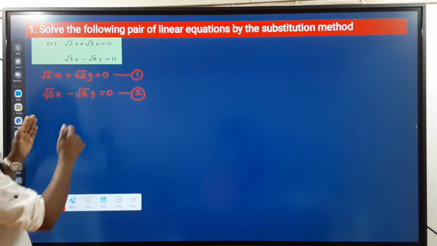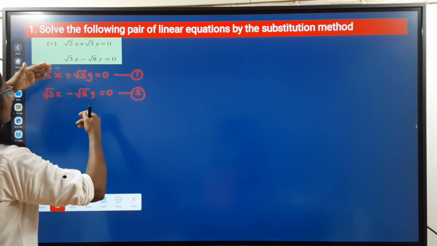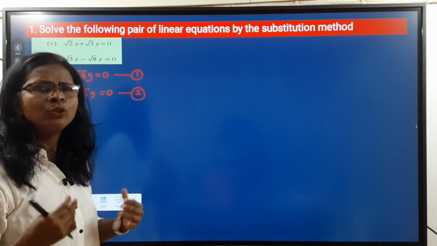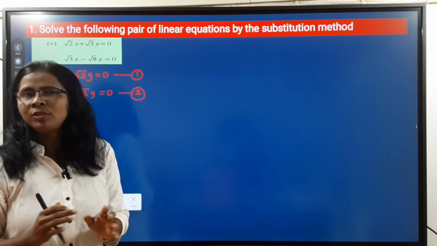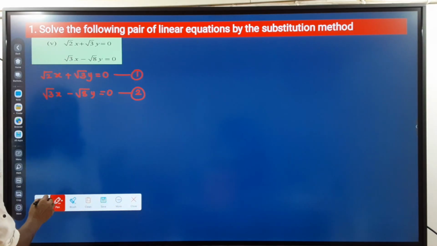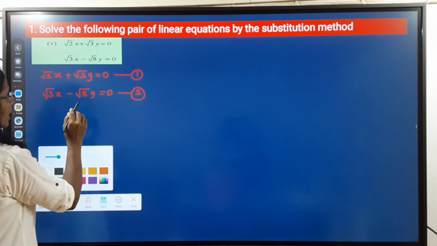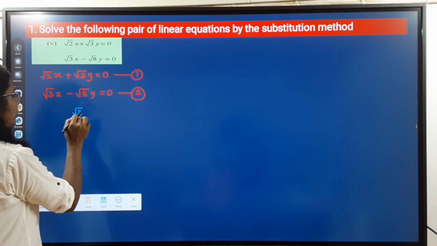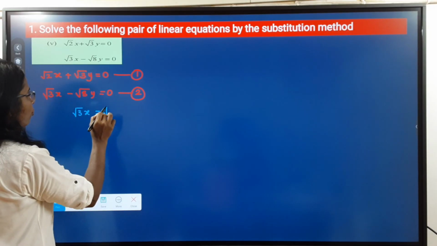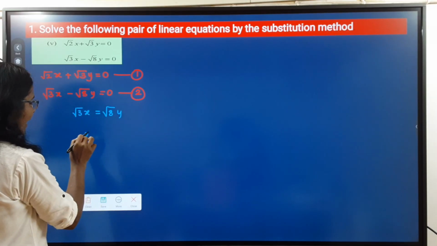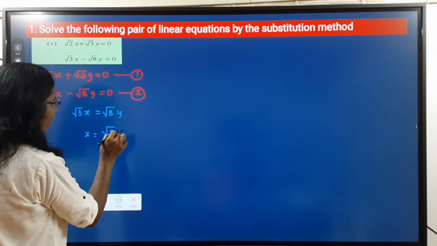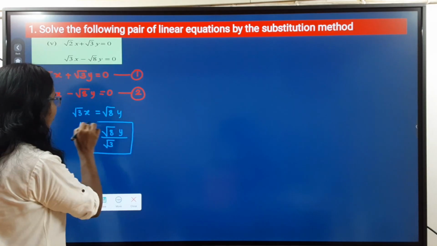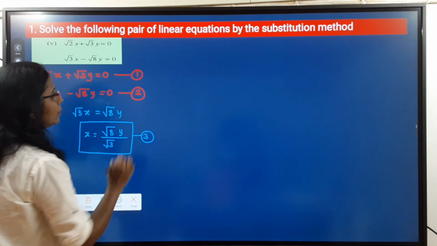Now here, students, in both the equations x and y variables have coefficients. So choose any one equation to simplify. Okay, so here I choose the second equation. And that means here I write down root 3x is equal to root 8y. So that means x is equal to root 8y upon root 3. So here this is the value of x, and I call it the third equation.